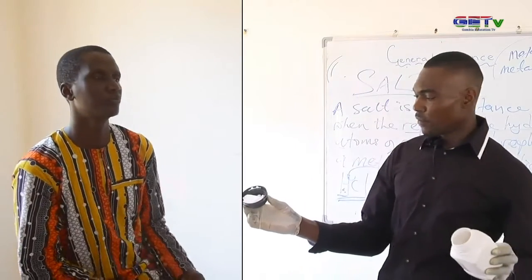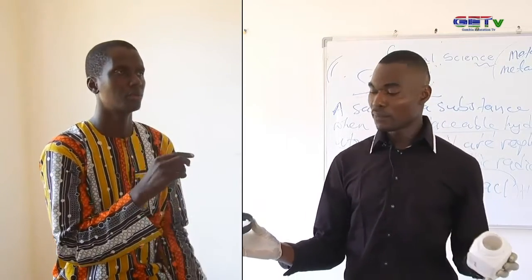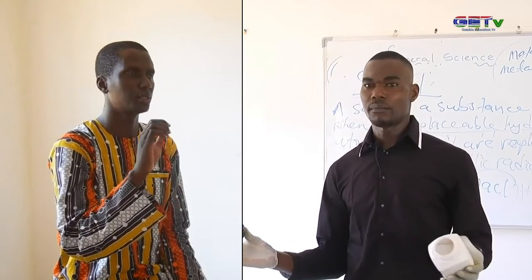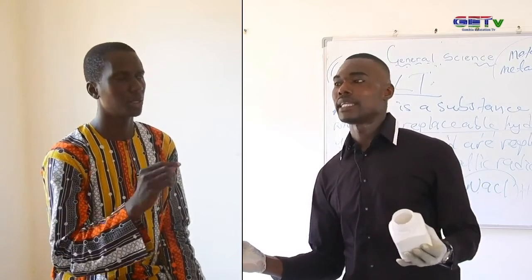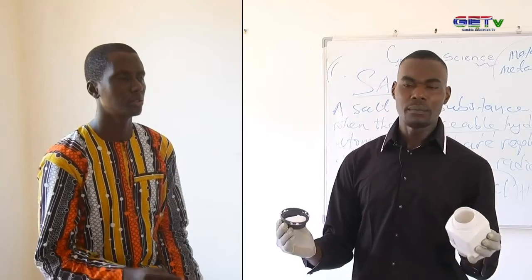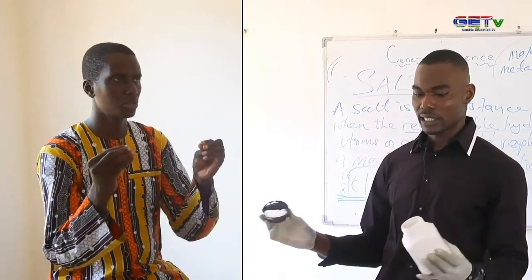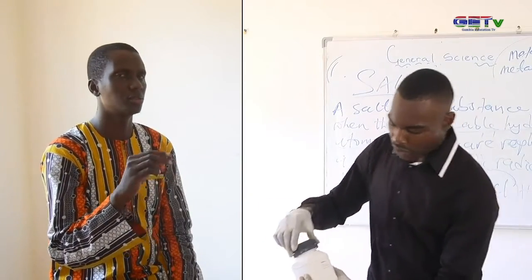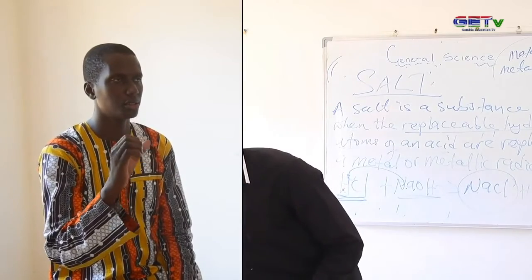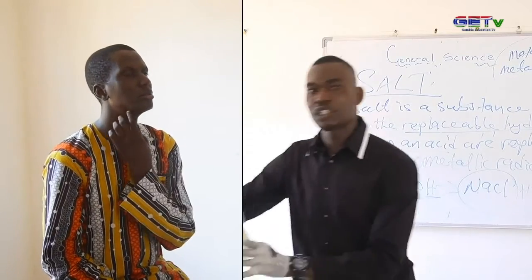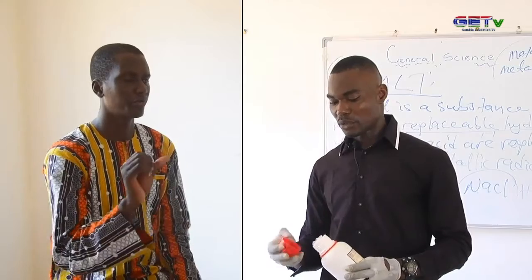Another good example of a salt is here, sodium carbonate, formed from a particular metal called sodium and a particular acid called carbonic acid. So their combination will give this salt called sodium carbonate. It's a salt, please take note. More examples of salts here. We have calcium chloride.